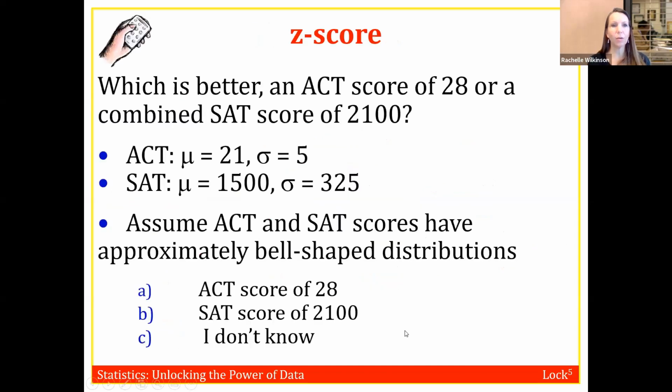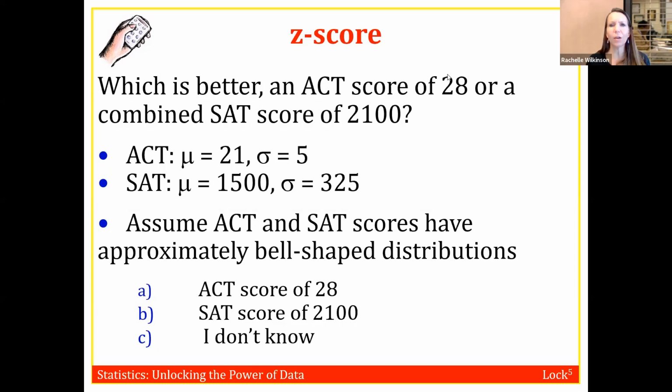All right, so here's the example we're going to look at. We have these 2 tests that you often take to get into college. Probably a bunch of you have taken one or the other, or even both, the ACT or the SAT, but they're measured on different scales. Let's say you take the ACT and the SAT, and you're wondering which one you did better on. Your ACT score is 28, and your combined SAT score is 2100.